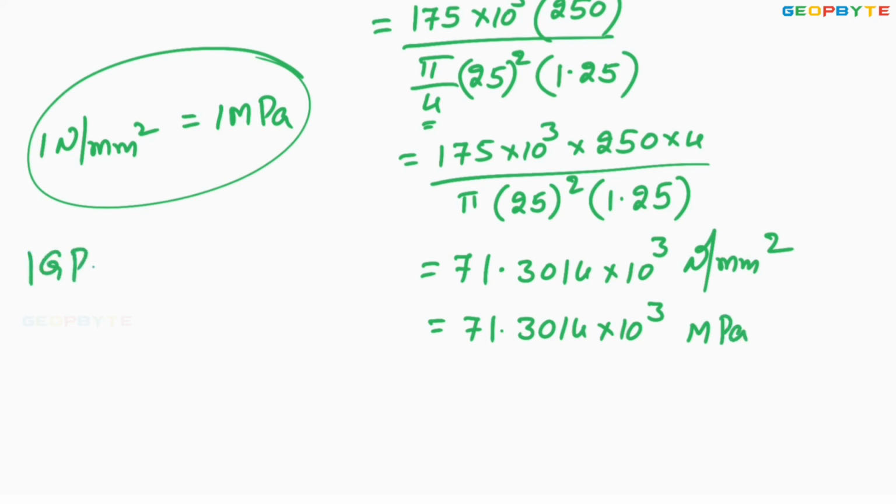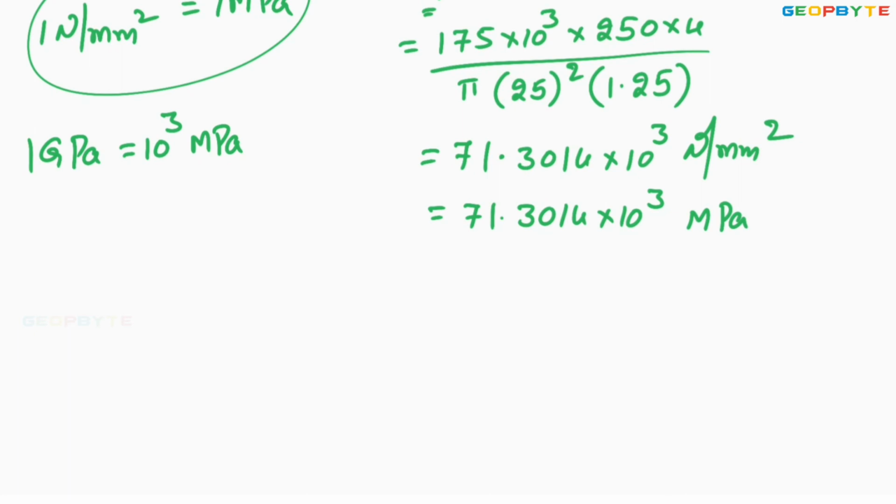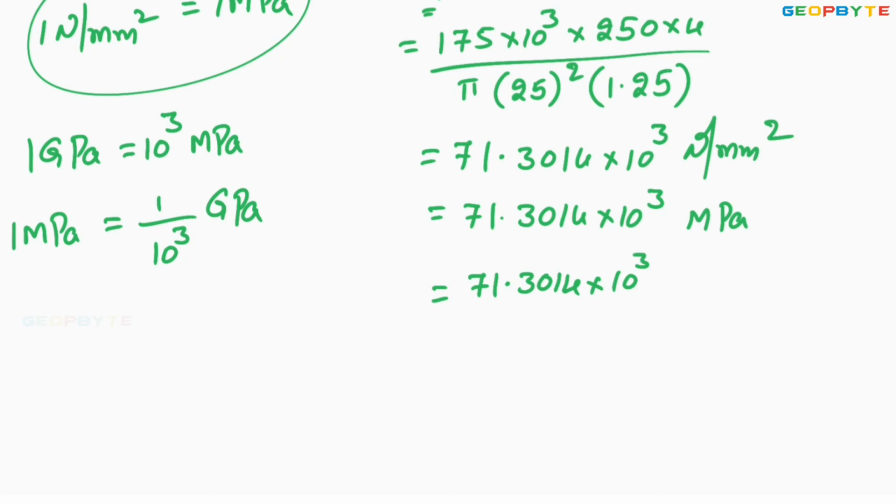1 gigapascal equal to 10 power 3 megapascal. To convert from megapascal to gigapascal, 1 megapascal equal to 1 by 10 power 3 gigapascal, so it should be divided by 10 power 3. 71.3014 into 10 power 3 divided by 10 power 3 gigapascal.